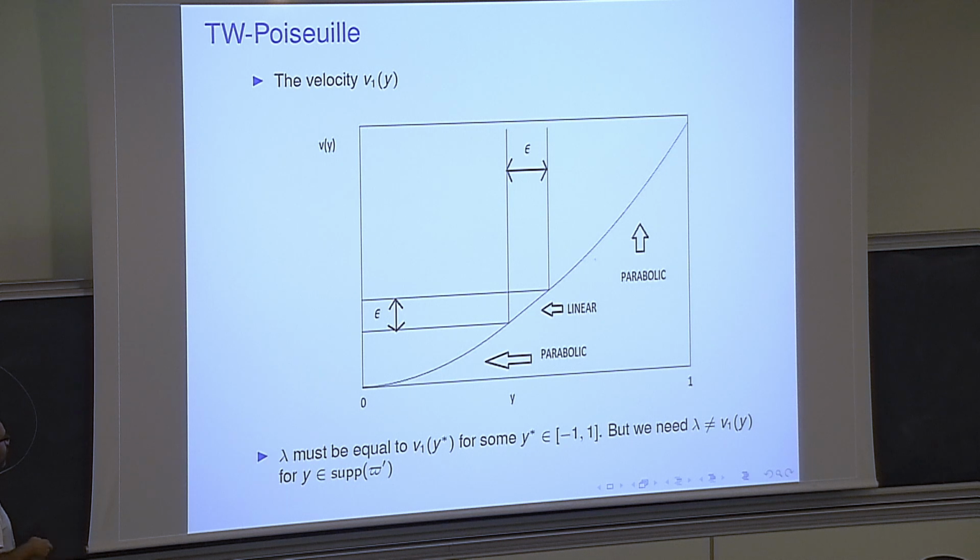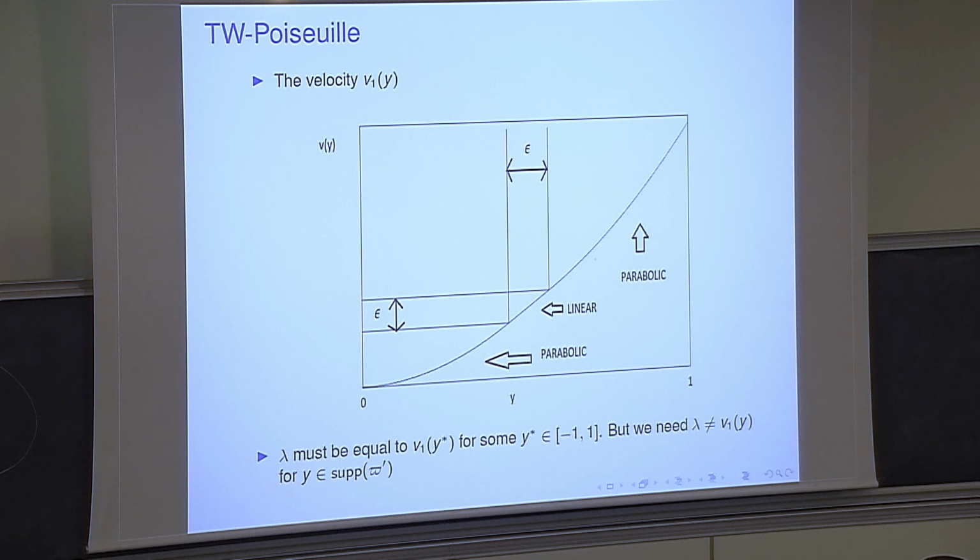Okay. So what happens is that lambda, the speed of the wave, must be equal to v1 at some point y star for some value of y star. This is related with the Nadirashvili stagnation point theorem.